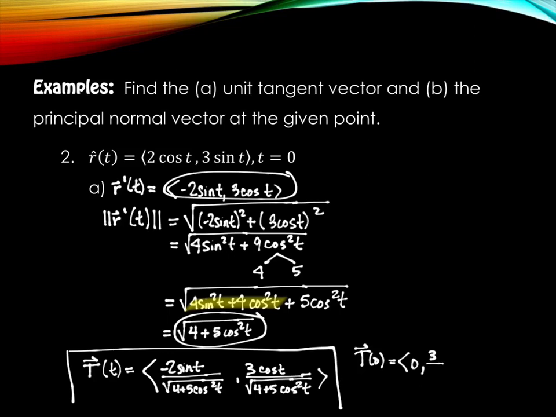Yeah, it'll be 3 over, and then on the bottom I would have 4 and 5, so that would be square root of 9 or 3, which is 1. So my unit tangent vector is actually the vector 0, 1. So this is my answer on A. This piece, though, I need for later. I need this for B.